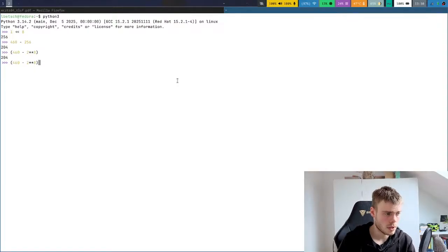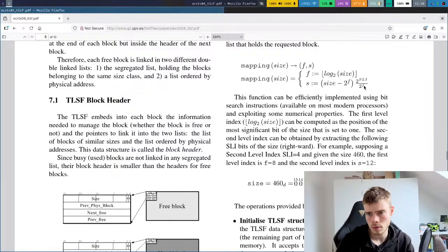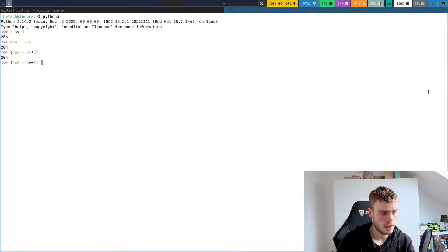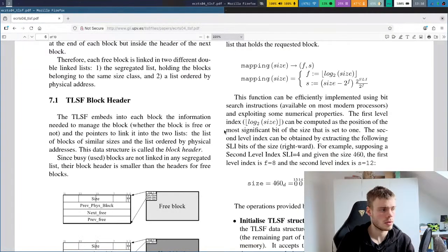So this is what's left, and then we have to divide it into 2 to the SLI parts. This is 144 over 16, which gives 9, wait, 12.75? Why? Where is that? What does that even mean?